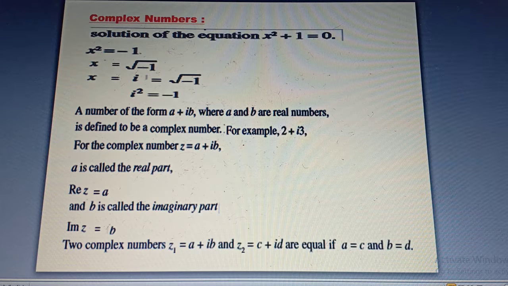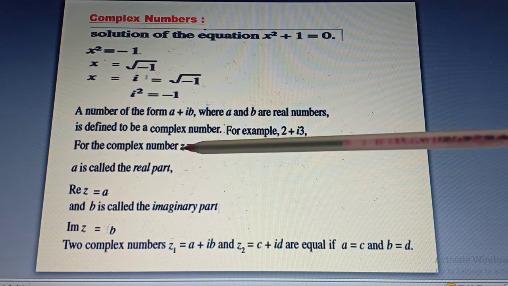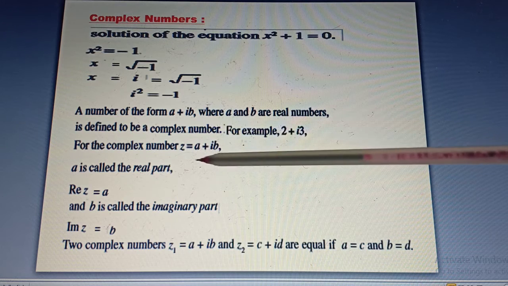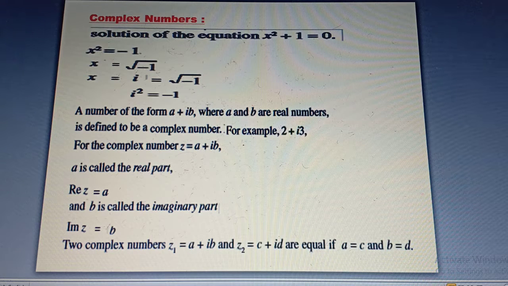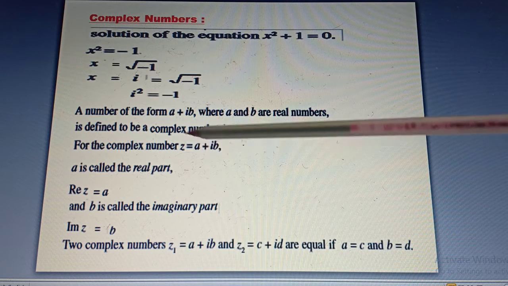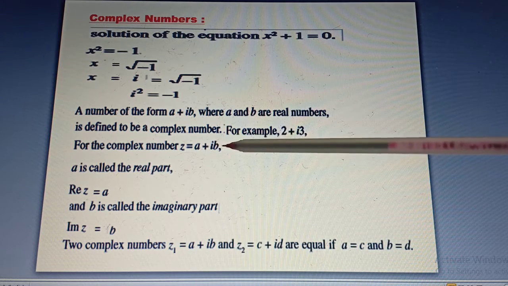Students, you can see that for the complex number z equal to a plus ib, this is the standard form of writing a complex number, where it can be divided into two parts. This a is called the real part of z, and this b is called the imaginary part.